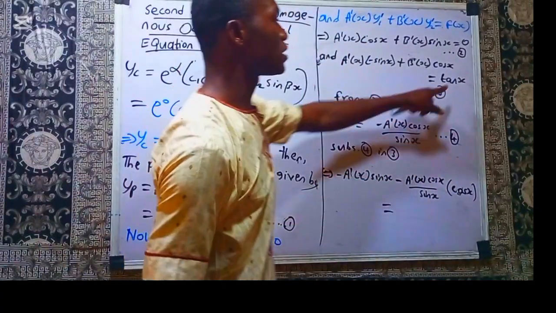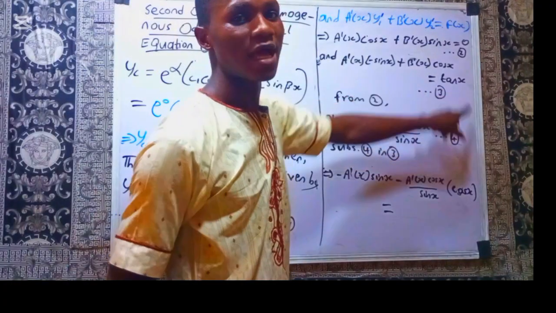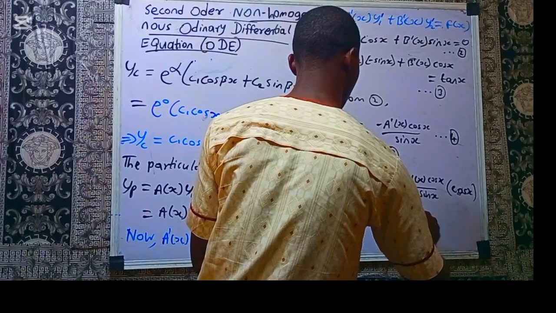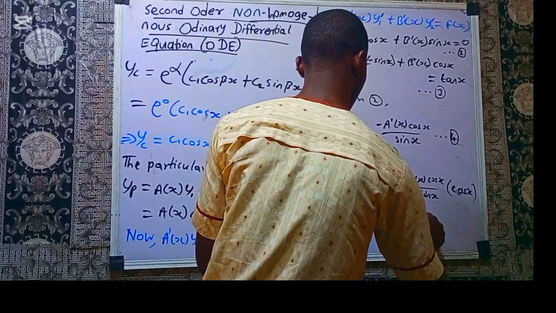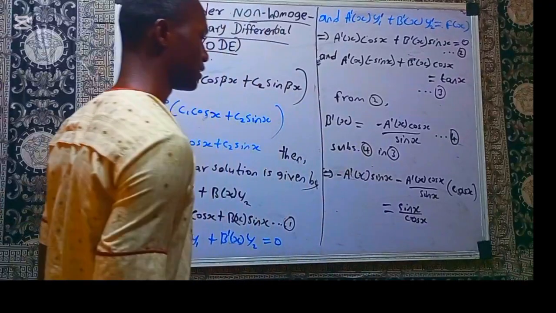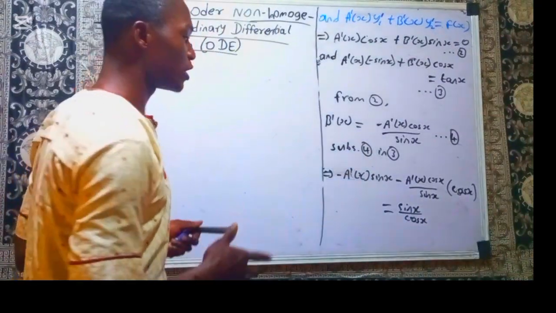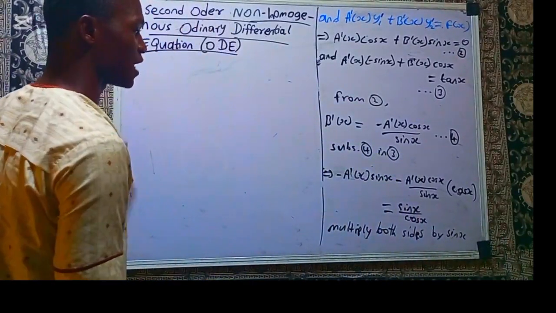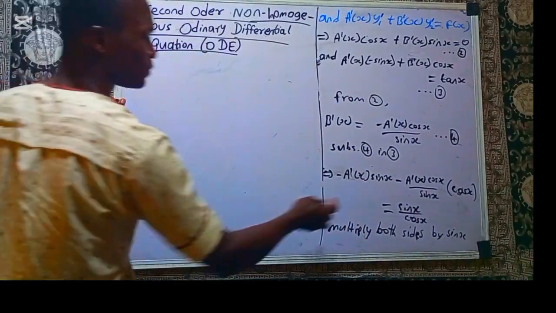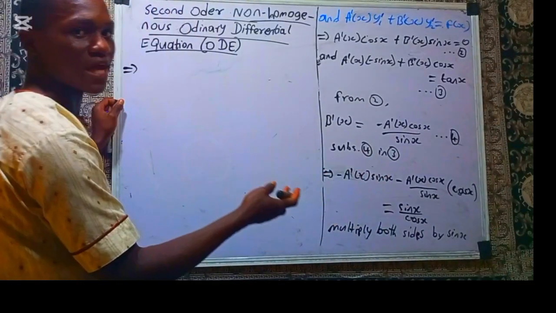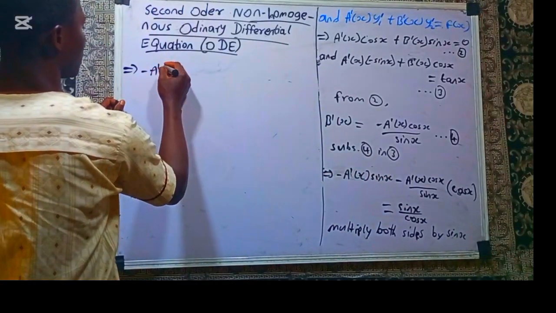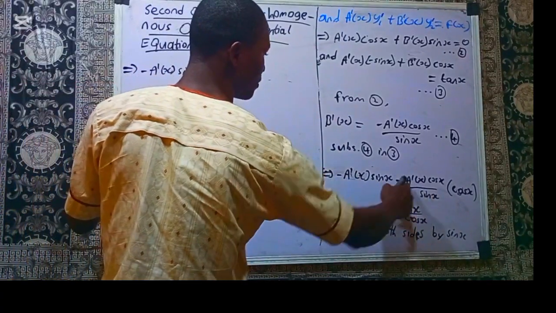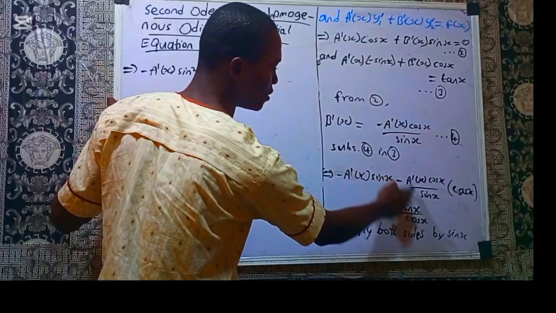Equated to what? Equated to tan x. What is tan x? Tan x is sine x divided by cos x. So that's tan x. What we're going to do is multiply both sides by this denominator here, by sine x. If you multiply both sides by sine x, what will you get? Multiply here by sine x, you'll be having sine squared. So I have negative a prime of x sine squared x. Multiply here by sine x, what will happen?